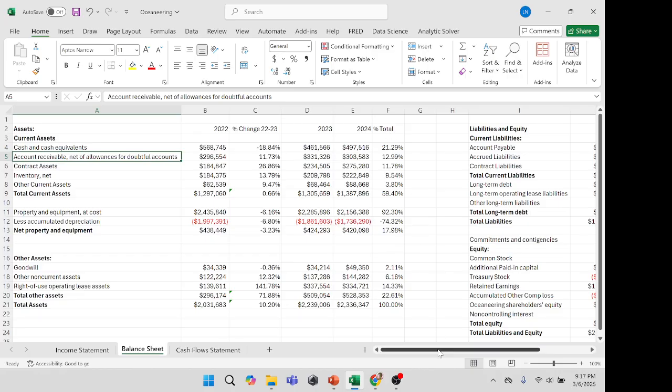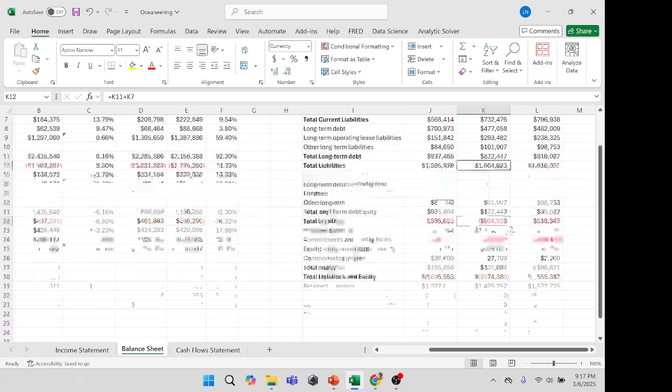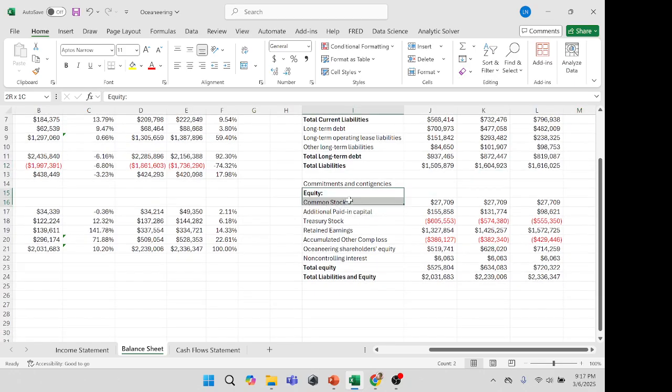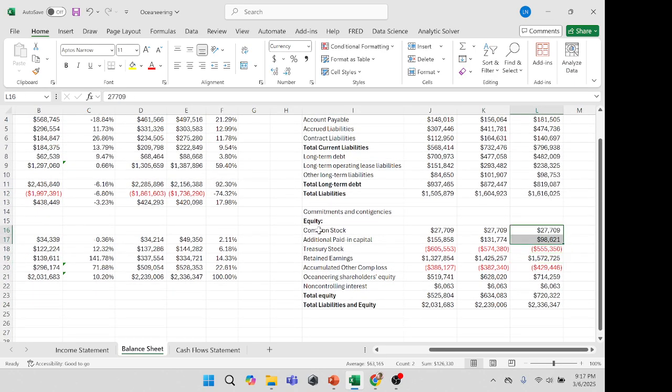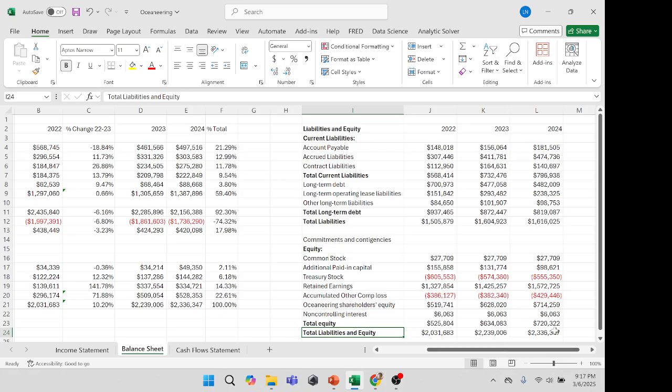All right, but for the liability, you want to divide everything by total liability, and then down here in the equity section, you want to divide everything under equity by, my apologies, you want to divide everything by the total liability and equity.